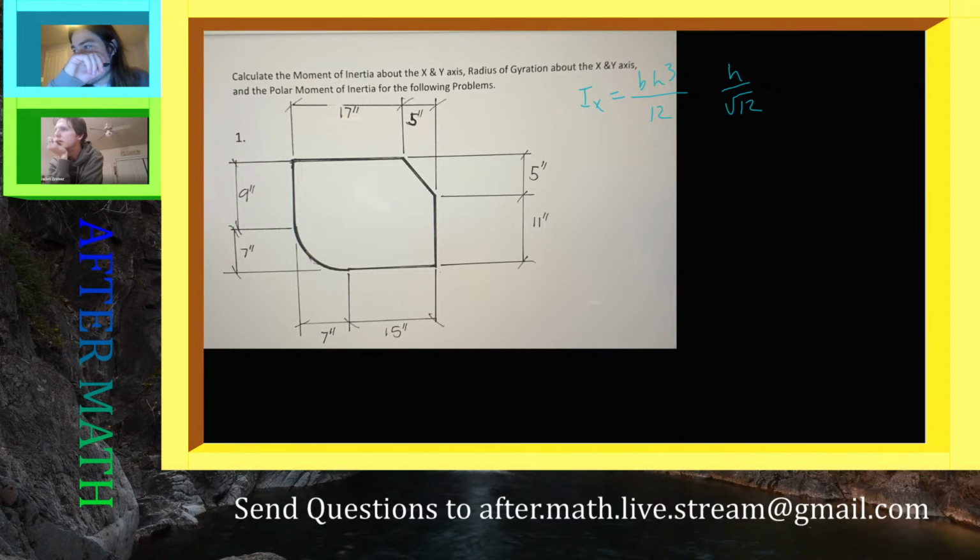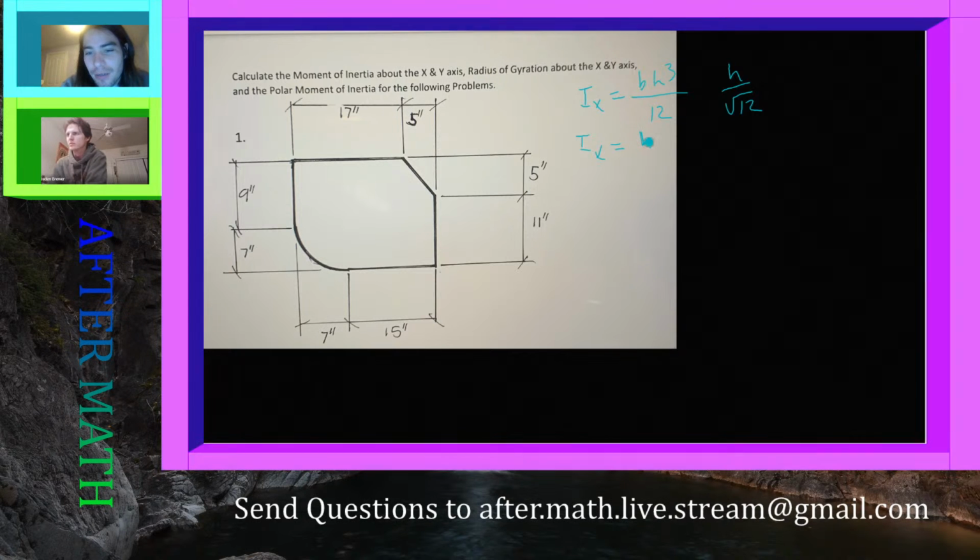Triangle is going to be Ix equals b h cubed over 36, and then we have h over the square root of 18 for the gyration.